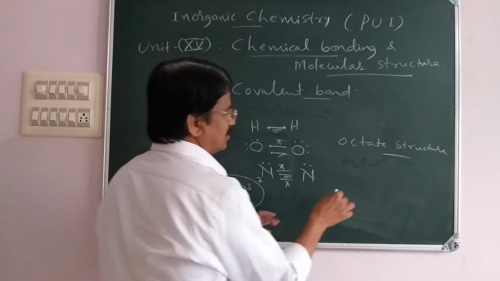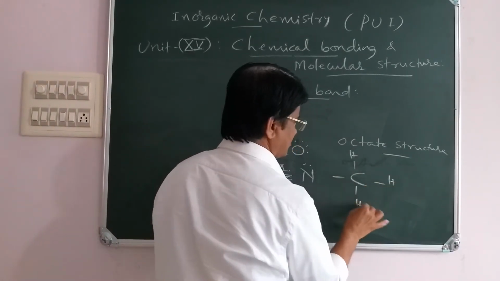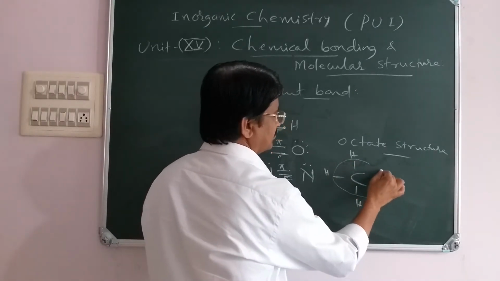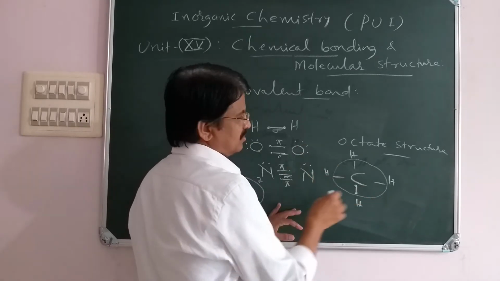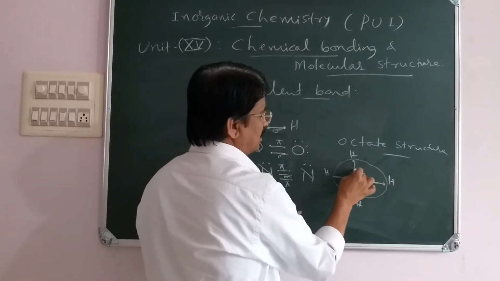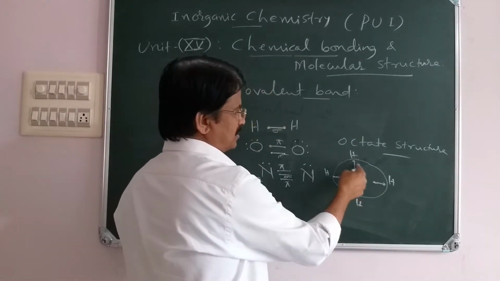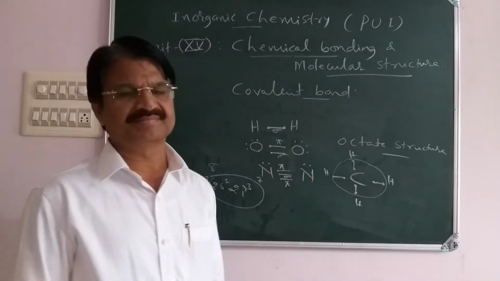But in case of methane, around carbon there are 4 bonds, and 1 bond equals 2 electrons. Therefore, total electrons are 8: 2 plus 2 plus 2 plus 2. Therefore, it is said to have a completed octet.